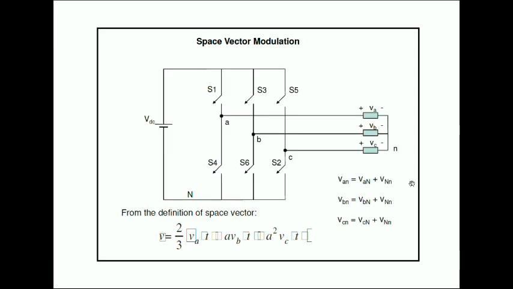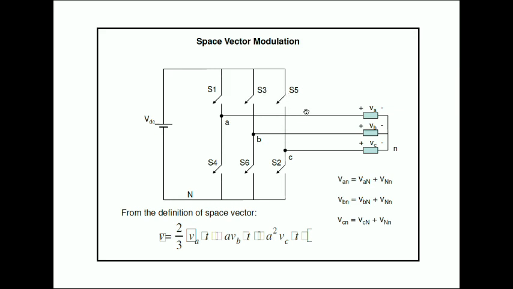Binary numbers means when S1 is active, SA is equal to 1, and when S1 is not active, SA is equal to 0. Likewise, when S3 is active, SB is equal to 1, and when it is not active, SB is equal to 0.